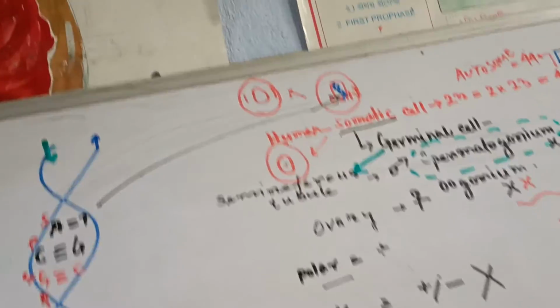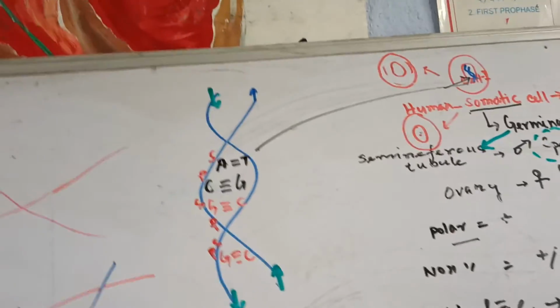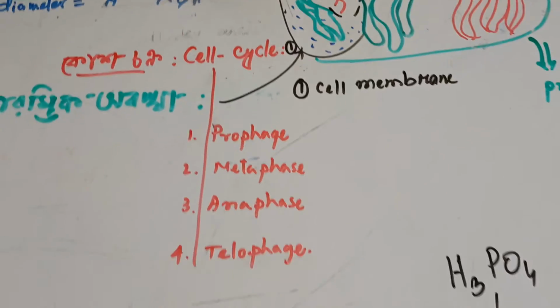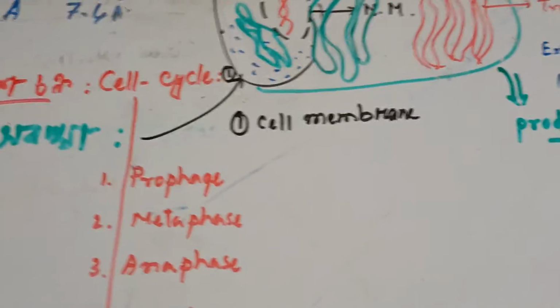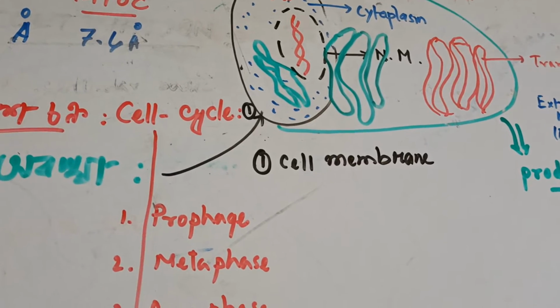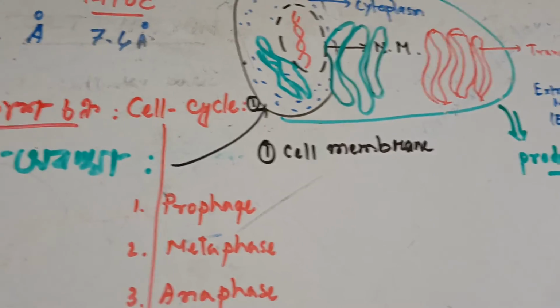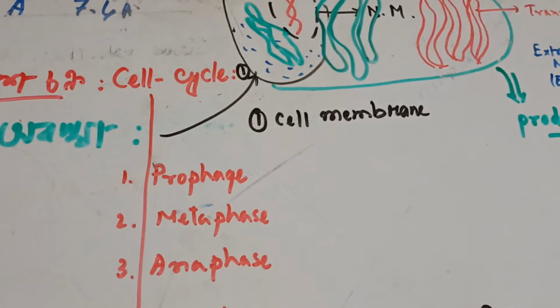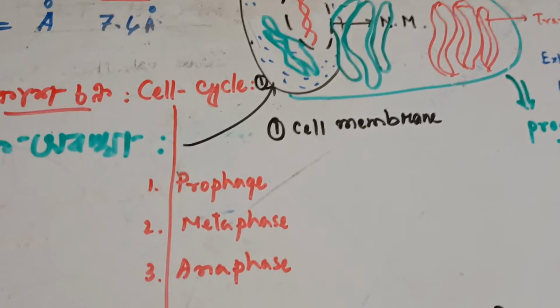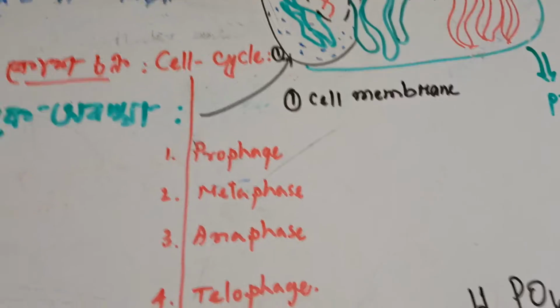So this cell, before going into the division cycle, maintains a phase interphase, that is, it will increase its size.